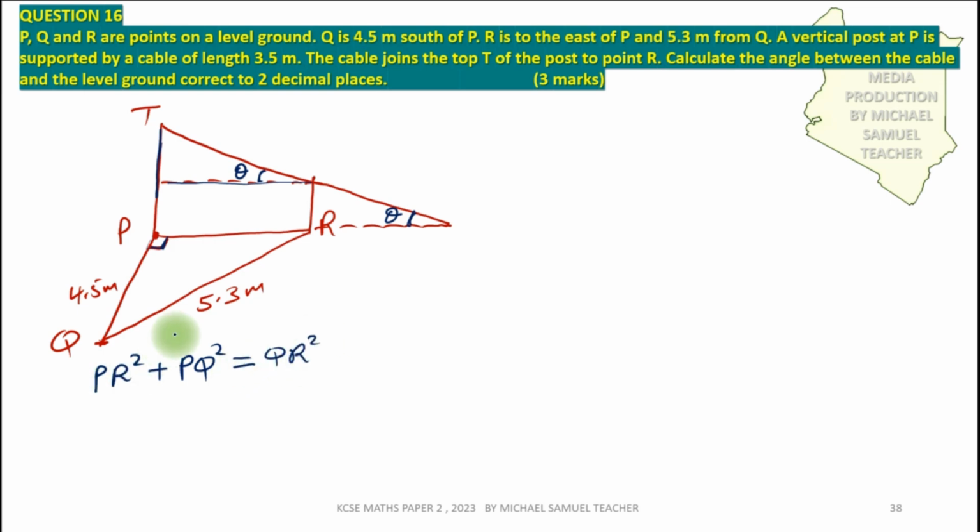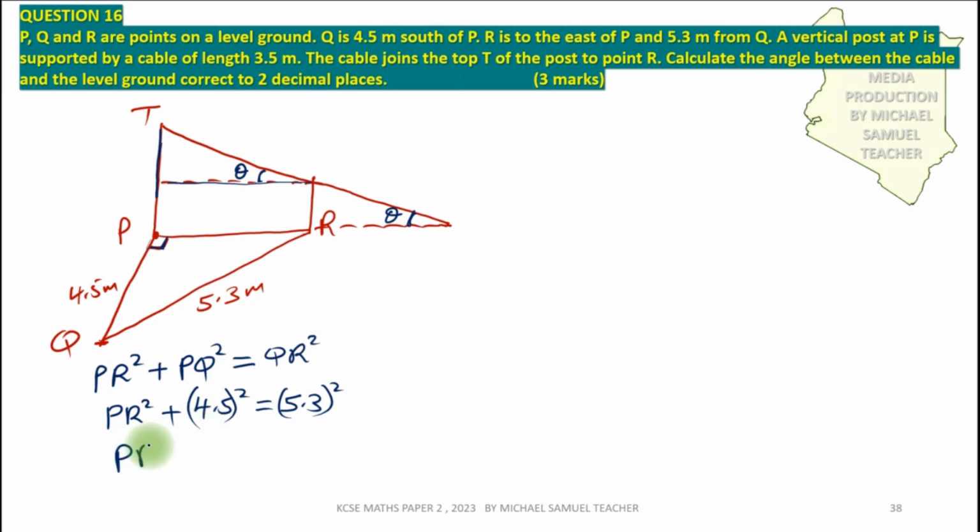PR is what we are after. PR squared plus 4.5 squared is equal to 5.3 squared.